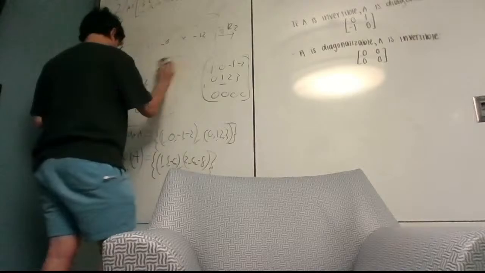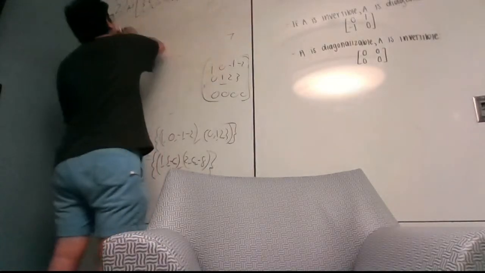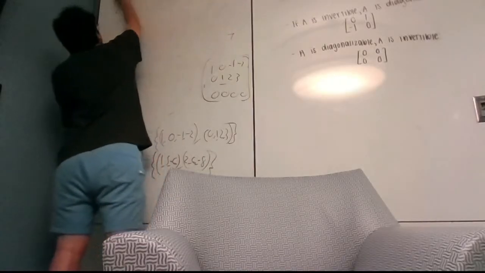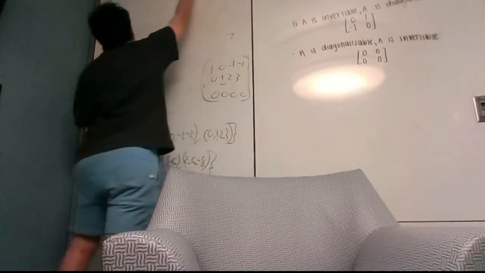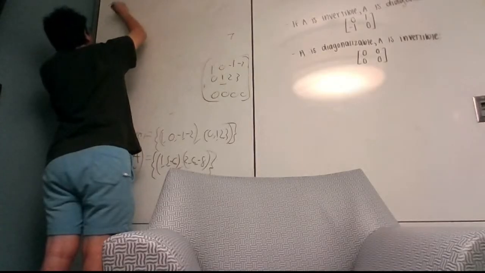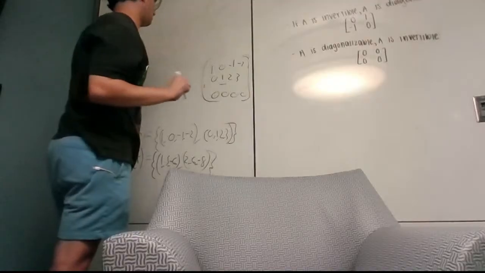I can erase most of everything else. Well, actually, I'm gonna keep most of this just in case. We can now use our reduced row echelon form matrix to do the following.